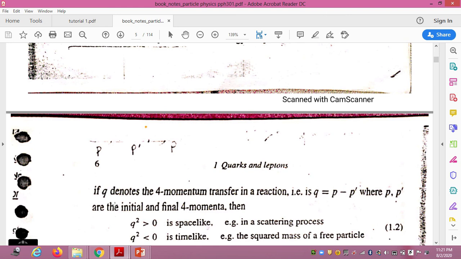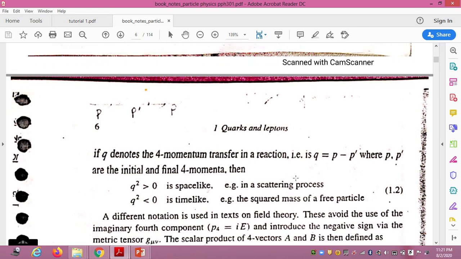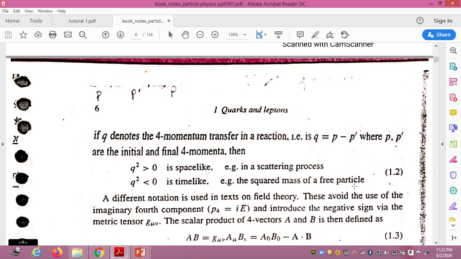So if Q denotes the 4 momentum transfer in a reaction, that is, how much momentum has been transferred from one point to another, then if Q square is greater than 0, it is a space-like process. And if Q square is less than 0, it is a time-like process. Generally space-like processes are used in scattering processes, whereas time-like processes are used for the masses of the free particle, right?